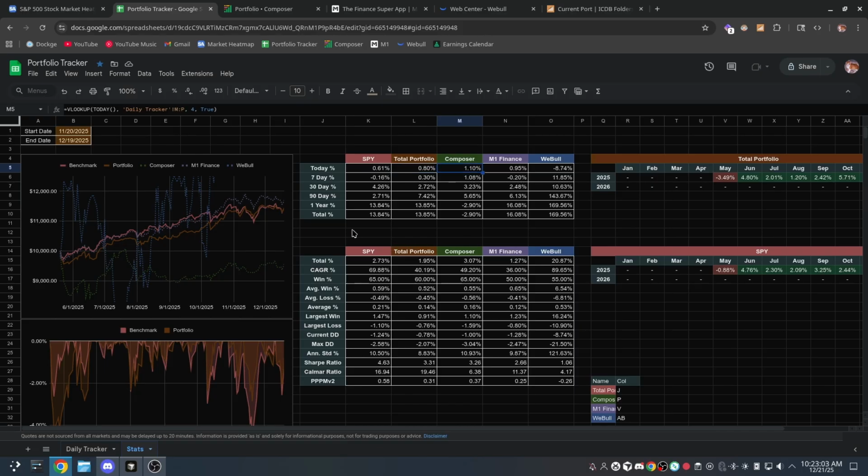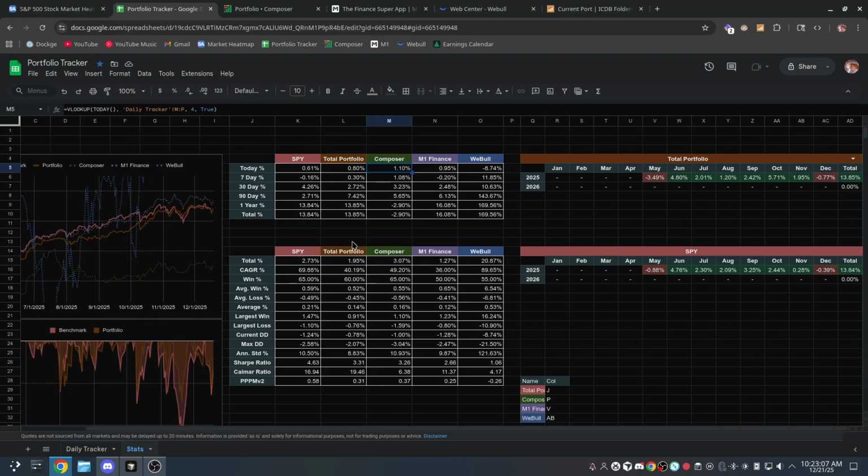Super nice, means we're doing pretty good. And you can see here that we are beating the S&P 500 again by 0.01. This is since May 19th, the S&P 500 has given us about 13.84%, where our portfolio has given us around 13.85%.